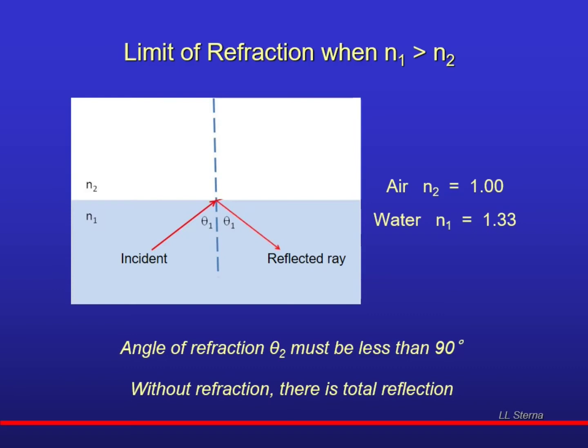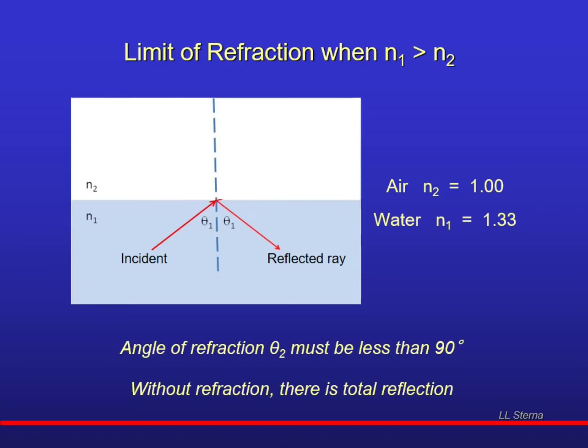Now here's a curious thing to consider, a little bit off the topic. You could ask the question, if all the light is reflected, how does it know? How is it aware of the fact that it would have a larger velocity in the other medium? Does that incident ray sample the second medium to determine there's no refraction? That's an interesting question.